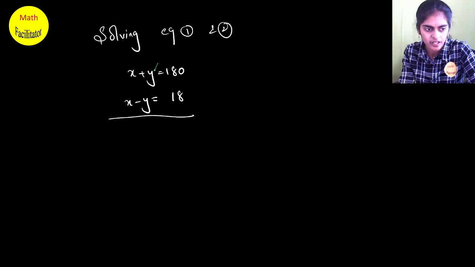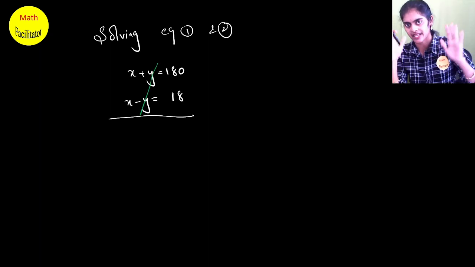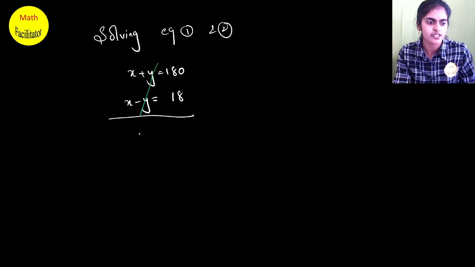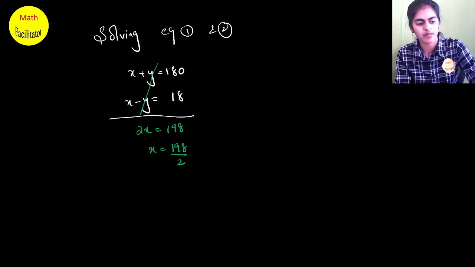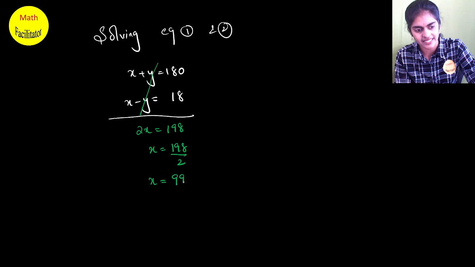Definitely I have to add, because plus y and minus y get cancelled. So x plus x, 2x, is equal to 180 plus 18, which is 198. So x is 198 divided by 2, and I get x is 99.